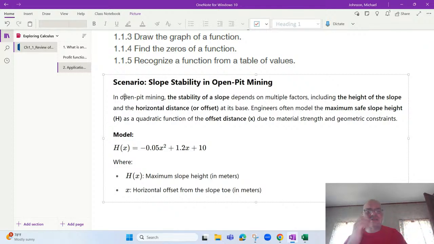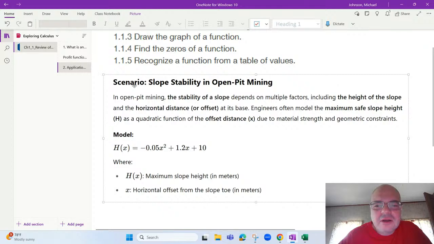The stability of slope depends on a multitude of factors, including height of the slope and the horizontal distance at its base. This one's going to worry about horizontal offset from the slope toe, and we're going to have a maximum slope height.